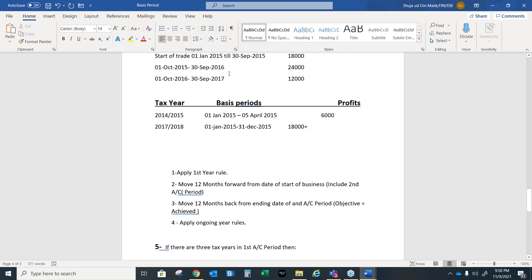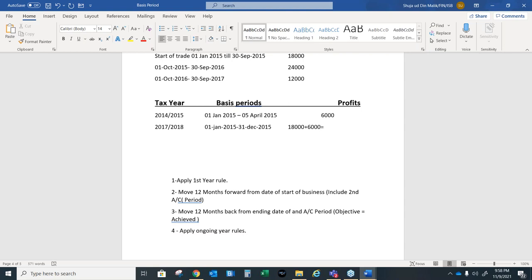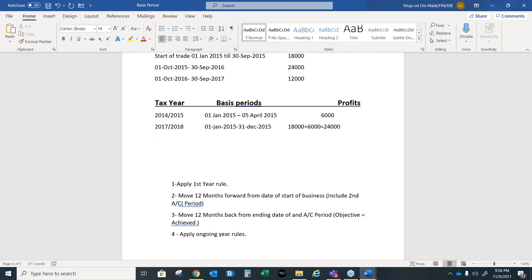Second accounting period was equal to 12 months, having 24,000 profits. How many months we have taken? It ended on 30th September, the first accounting period, and we have taken 3 months from the second accounting period. So 6,000 in total, it will be 24,000. Okay, 6 by 12, very good. Okay, so everyone clear till 24,000?